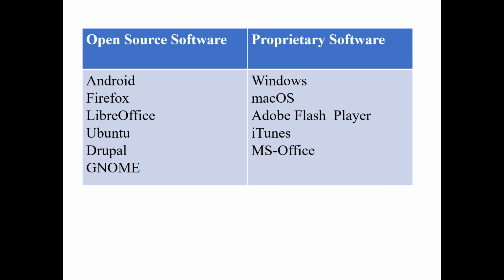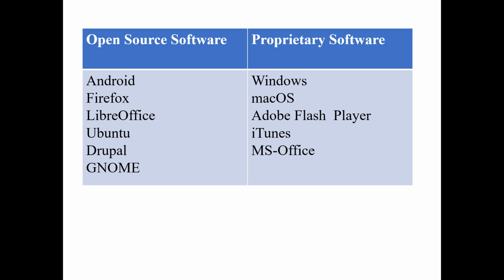Now we are discussing examples of open source and proprietary software. One of the best examples is Android. In every smartphone comes Android, which is free and open source. Firefox is a proven browser people are using nowadays. LibreOffice is very similar to Microsoft Office.